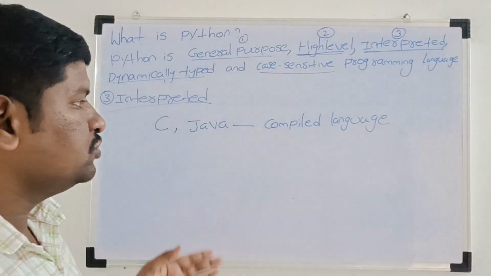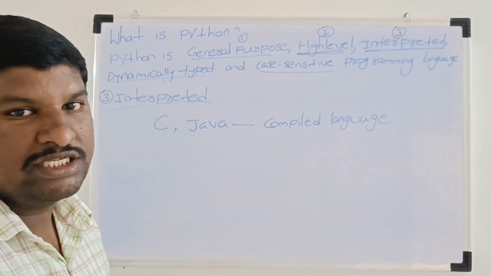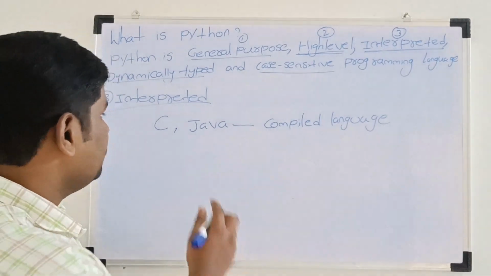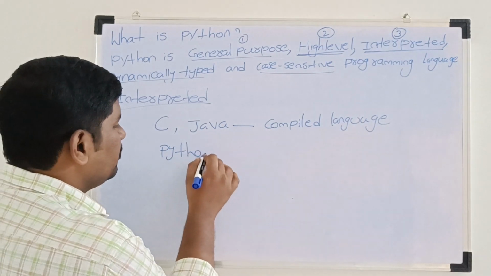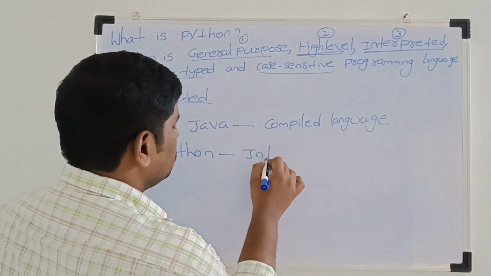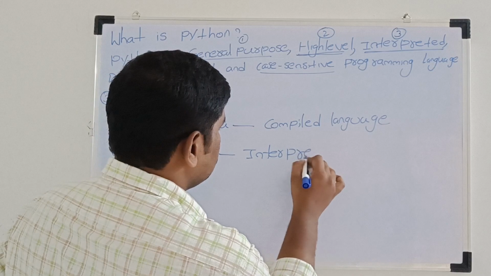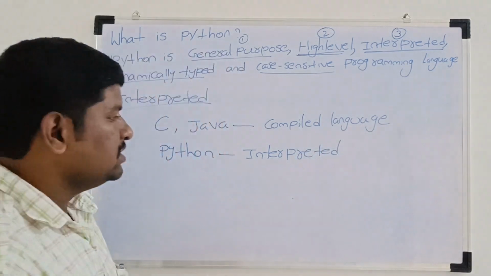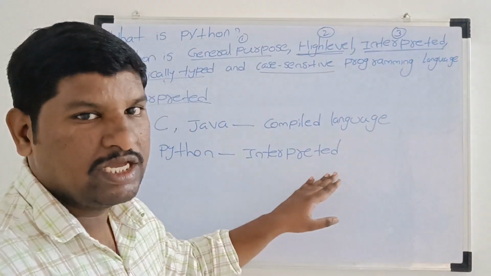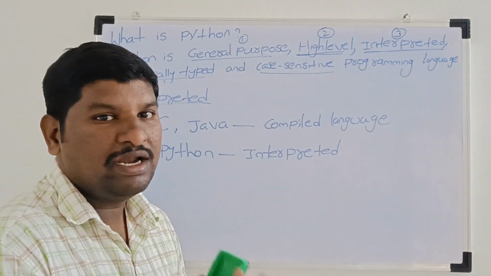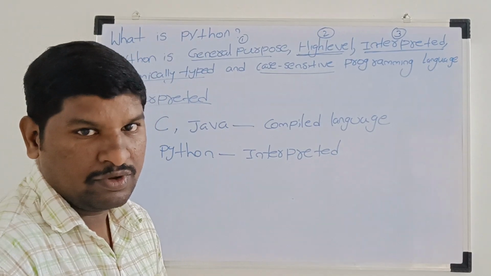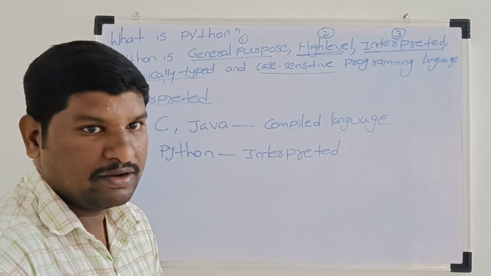Here, the execution of the whole program is done at once, but Python is an interpreted programming language. Here, the execution of the program is done one line at a time. That means line by line.